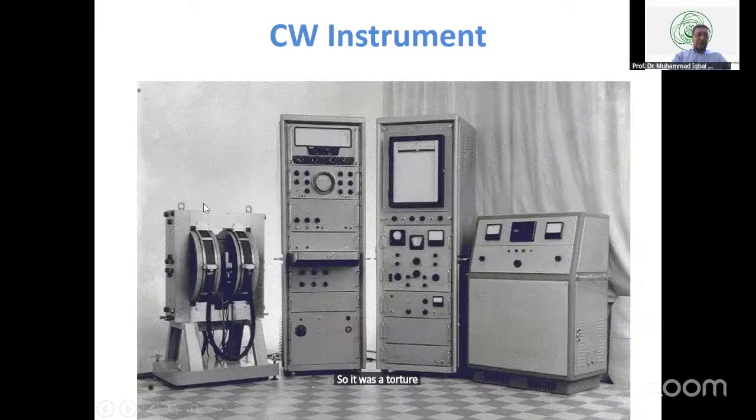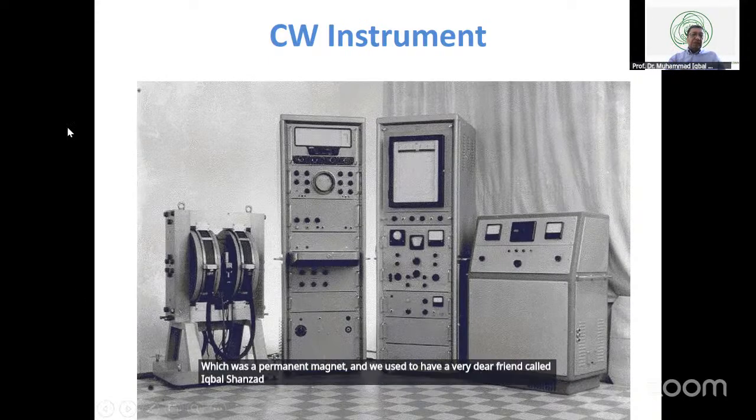So for instance, this is an electromagnet. Somewhere in the 60s and 70s, I've seen this machine myself. I didn't really use it. I was lucky to use a superconducting magnet, but I've seen that one in Jamshoro, where we had the first NMR, which was a permanent magnet, and we had a very dear friend called Iqbal Khanzada, who was maintaining this machine.